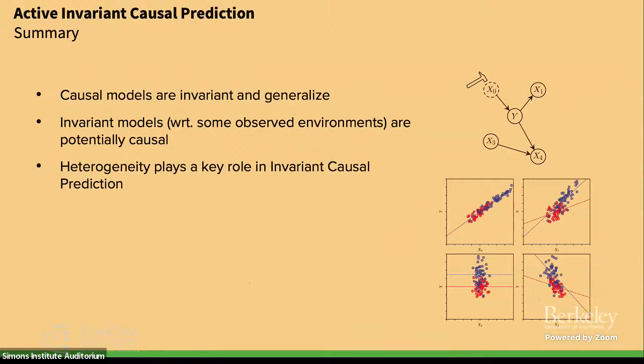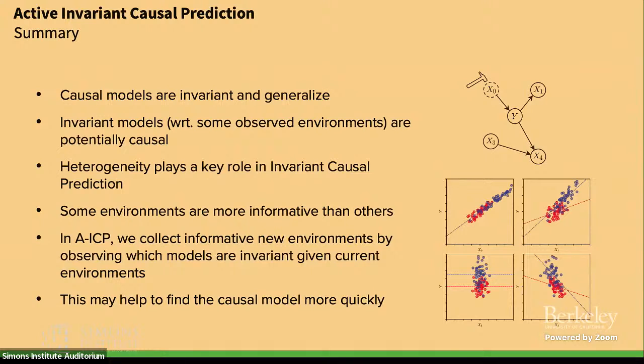So to conclude, what we saw is that causal models are invariant and generalize, and models that are invariant with respect to some set of observed environments are potentially causal. Heterogeneity plays a key role in the performance of invariant causal prediction and the power you get. Some environments are more informative than others.